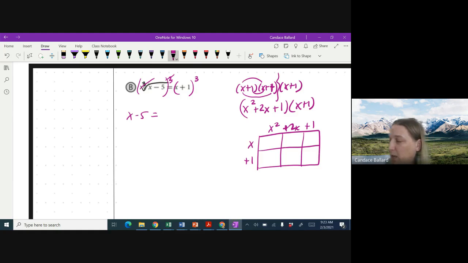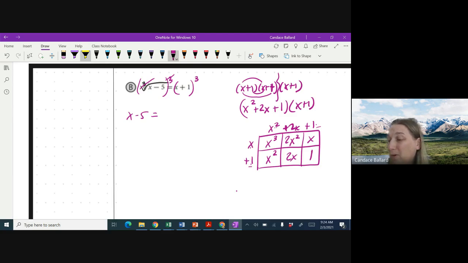Okay. All right. X times x squared would be x cubed. X times 2x would be 2x squared. X times 1 is x. 1 times x squared is x squared, or 1x squared. 1 times 2x is 2x, and 1 times 1 is 1.